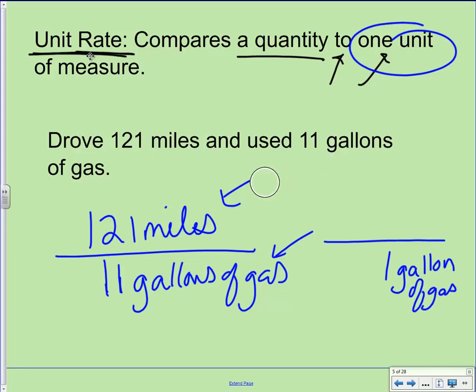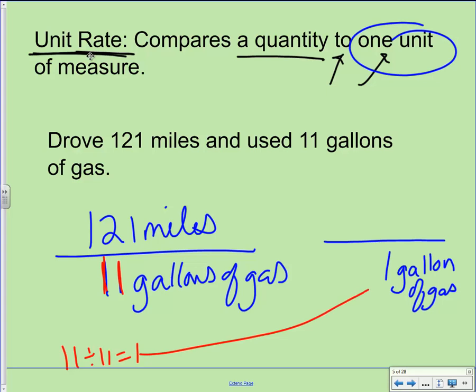So if I go back to this and I look at what I have, what do I have to divide by to get my denominator or my bottom? I shouldn't call it denominator because it's not a fraction, but the bottom unit, how do I get the 11 to become a 1? Well, whatever number I see on the bottom is what I have to divide by, because 11, if I divide it by 11, I get 1, and that's what I have to have.